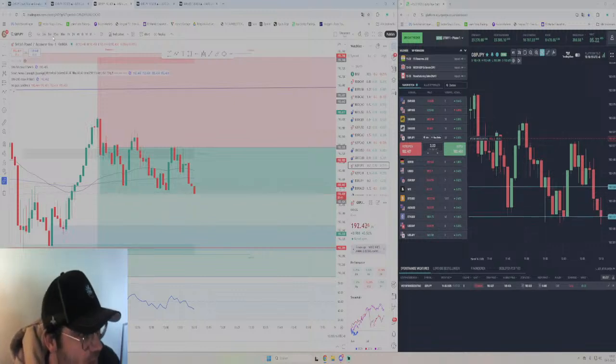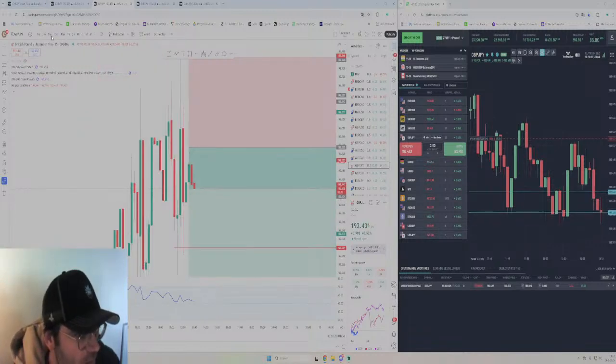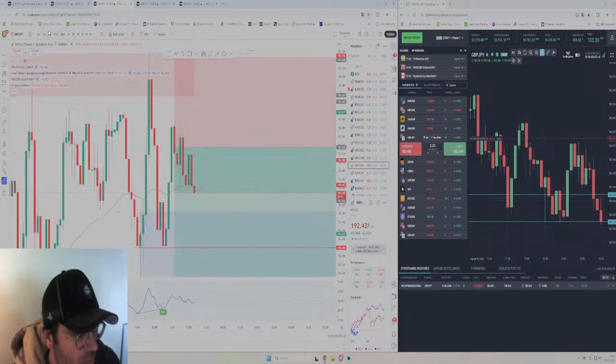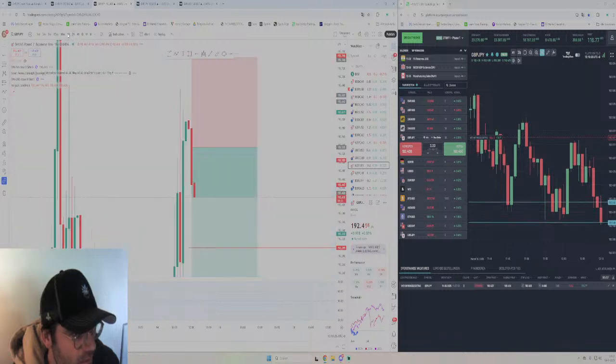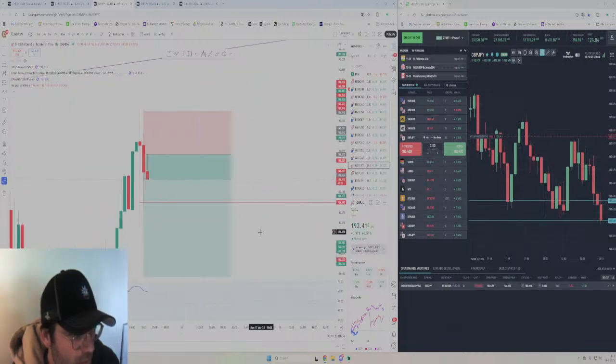I think we finally got the break under the 15-minute structure. The close under the 5-minute engulfing, which is great. This is what we like to see.